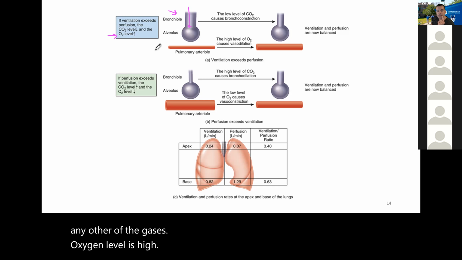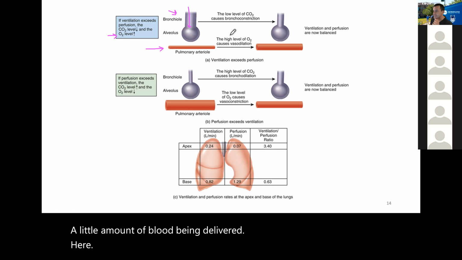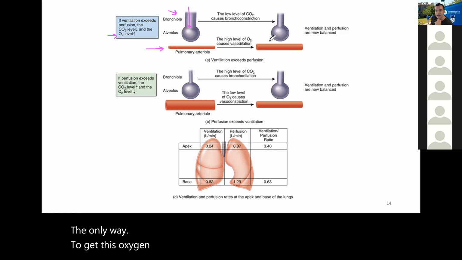The pulmonary artery is vasoconstricted. Okay. For whatever reason, I have a little amount of blood being delivered here. The only way to get this oxygen here into here is to vasodilate, okay?